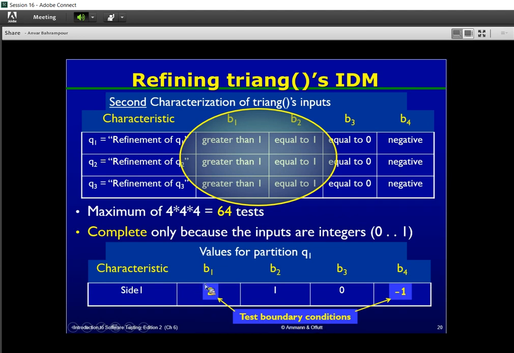Test boundary conditions. These values are boundary values.